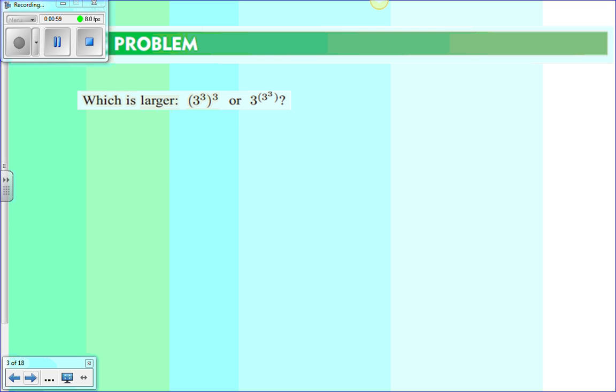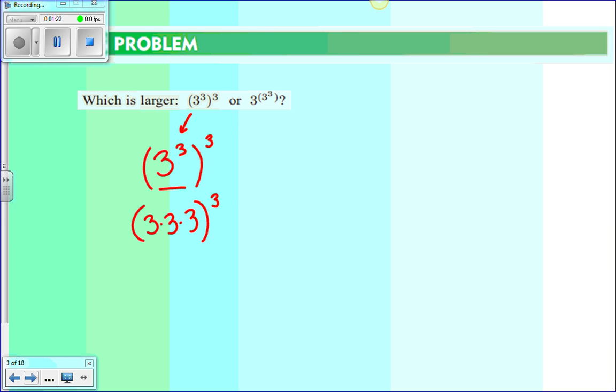If I was going to do this problem myself, I would take 3 to the power of 3. Start with this one here, and I would start with the inside of this. 3 to the power of 3 is 3 times 3 times 3, and that to the power of 3.